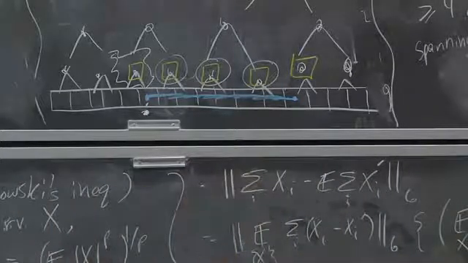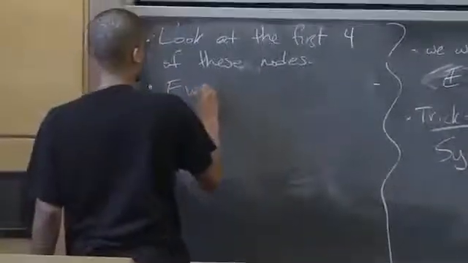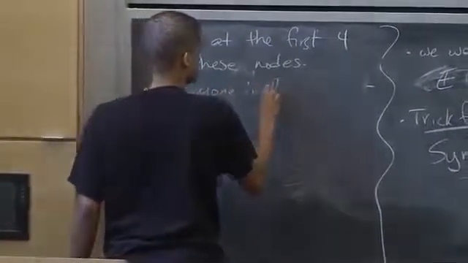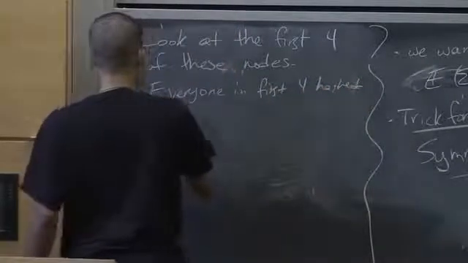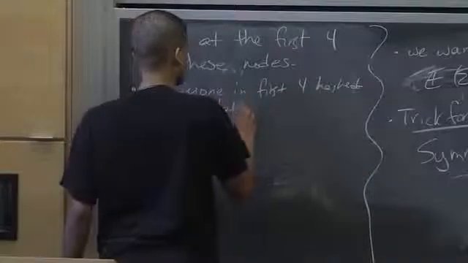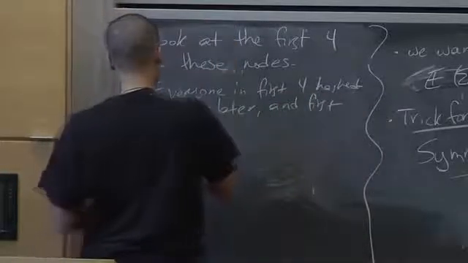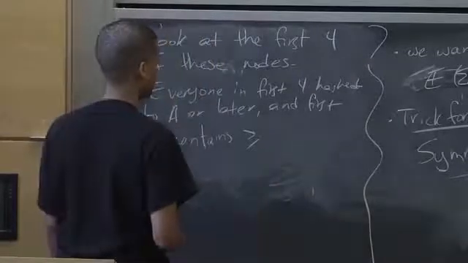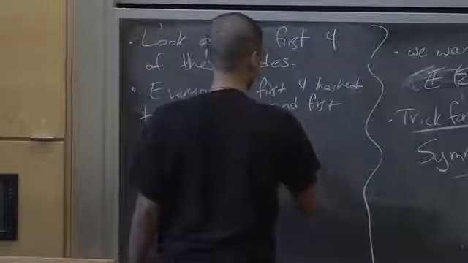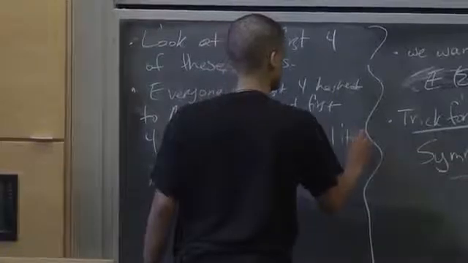So what do I want to say? So let me call this point A. Everyone in first 4 hashed to A or later. And first 4 contains at least 3 times 2 to the h minus 2 plus 1 items.